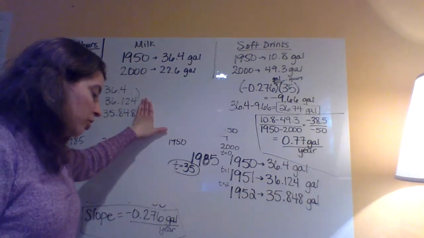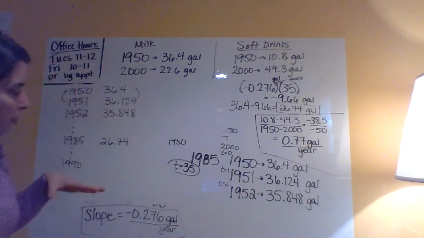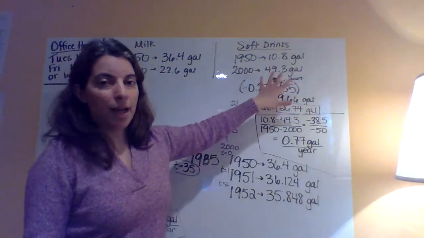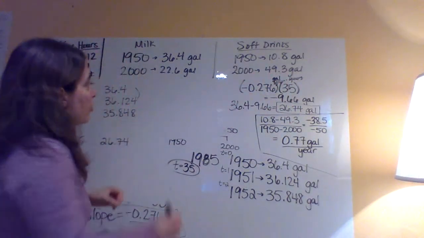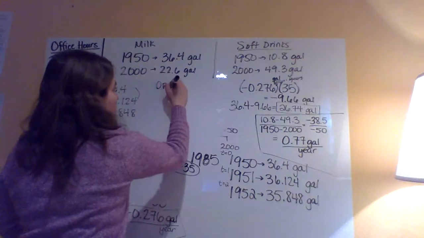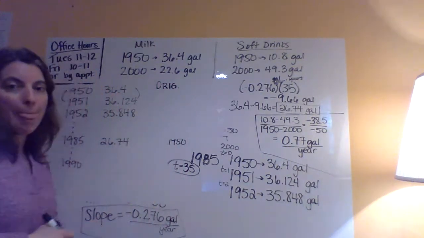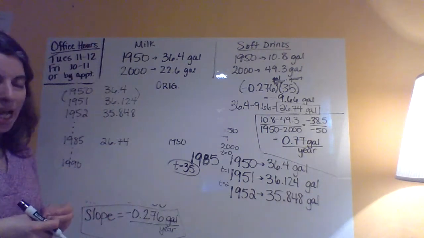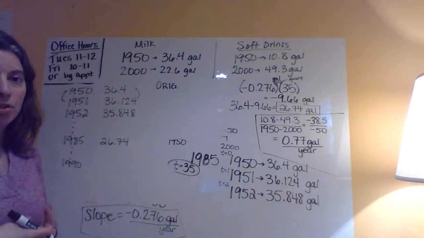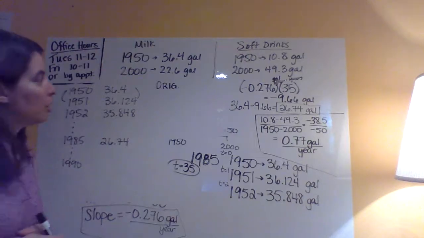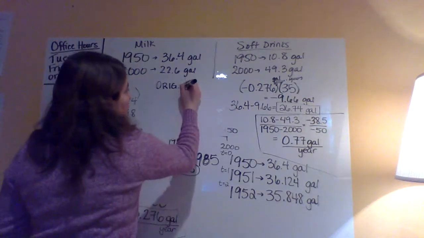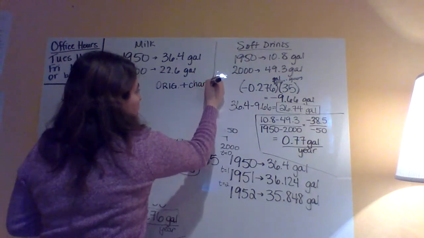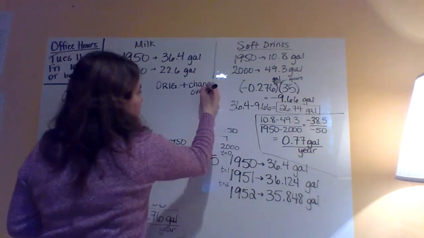Okay, so let's just think for a minute about what we ended up doing to find this. Okay, we started out with our original amount, and then we had to change it based on whatever the change was over time. So we have to include the change over time, right?